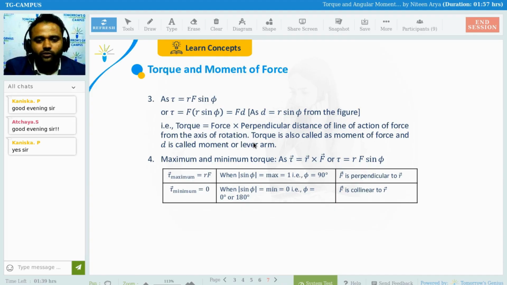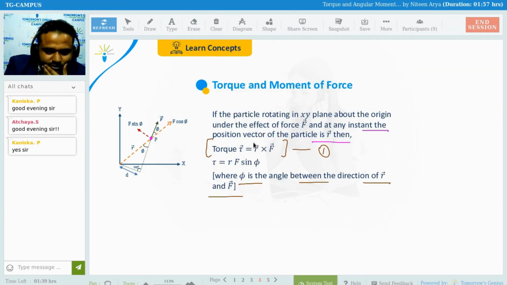Torque tau is also F d, where d is R sin phi. So now this is the d. The main thing I need to take here is, if this is the force, then this is d, which is also a perpendicular distance.